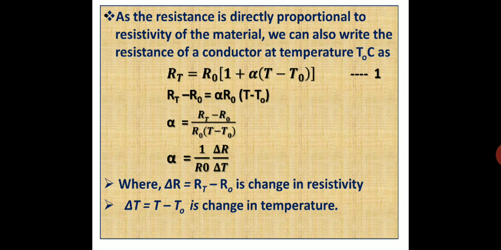As the resistance is directly proportional to resistivity of the material, we can also write the resistance of a conductor at temperature T degree Celsius, replacing rho with R. So R T equal to R naught into 1 plus alpha into T minus T naught. So the final answer is alpha equal to 1 divided by R naught into delta R divided by delta T. Same things, delta R the change in resistance, delta T change in temperature.